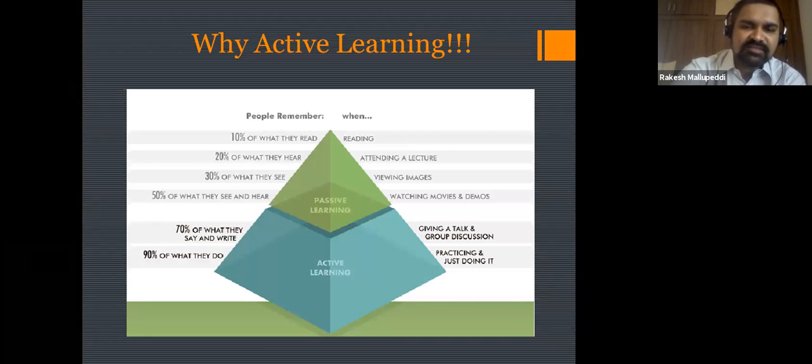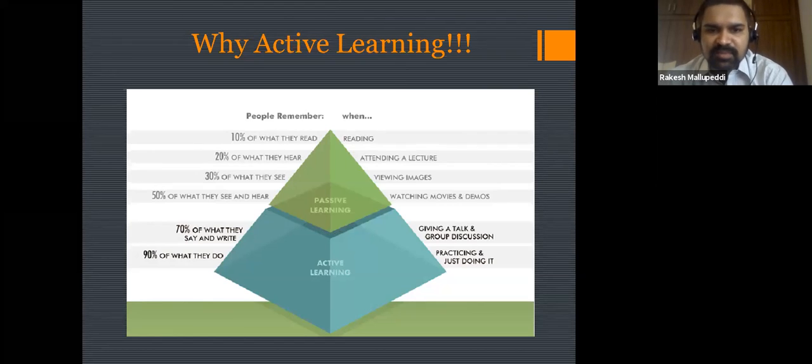So passive learning is where it's a one way communication. People are reading, hearing, seeing, or seeing and hearing. All of this is passive, where there is only one way communication. But if you see two way communication, where the person imparting the knowledge and the person taking the knowledge are interacting, exchanging ideas, the learning levels are much higher, right?